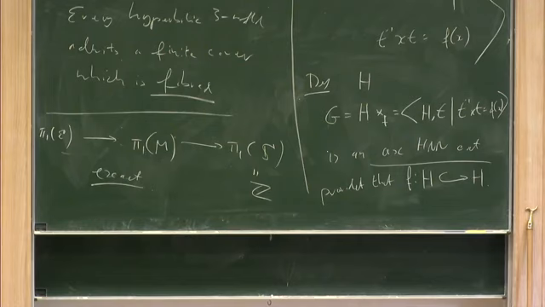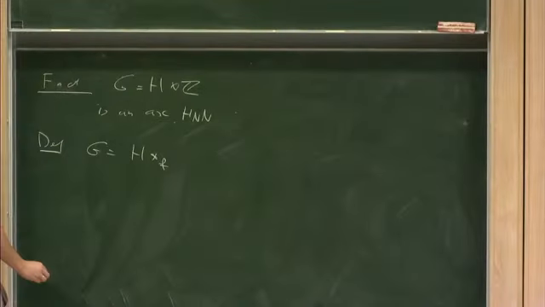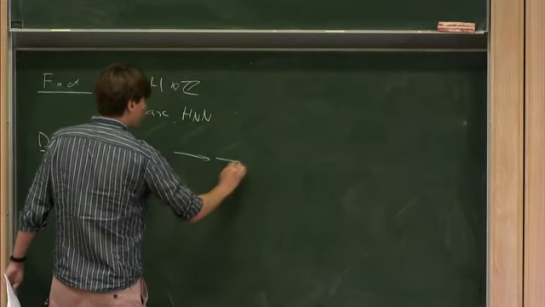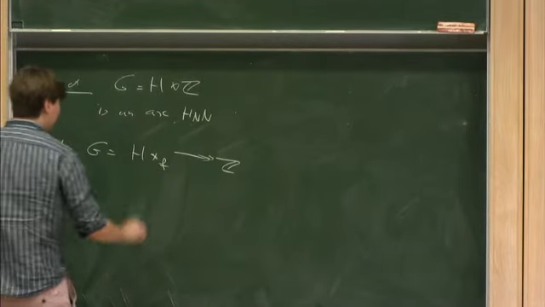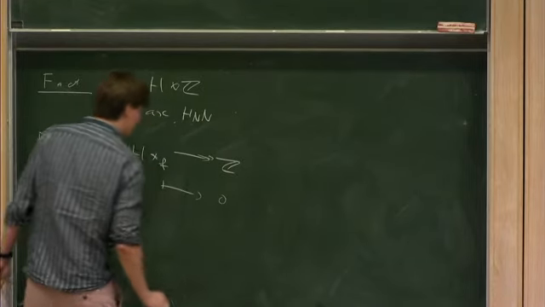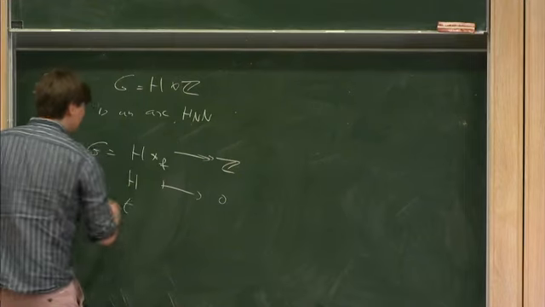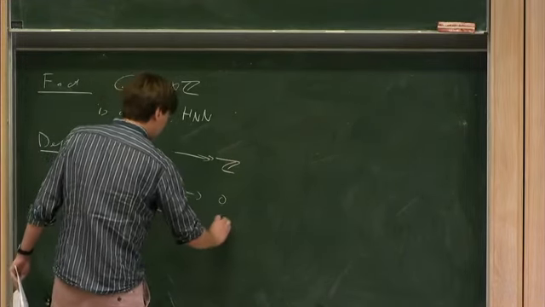All right, now another definition. If I have an ascending HNN extension, then I can define an epimorphism to Z in the following way. Everything in H is going to be sent to 0, and t, the stable letter of the HNN extension, is going to go to the generator 1.